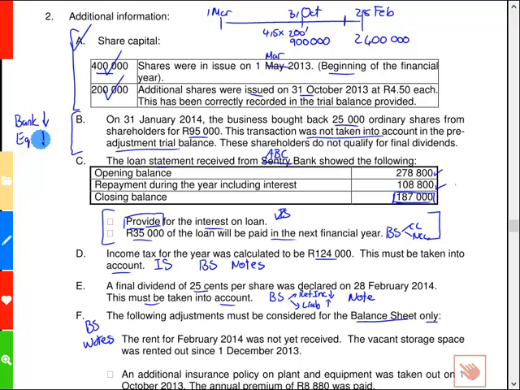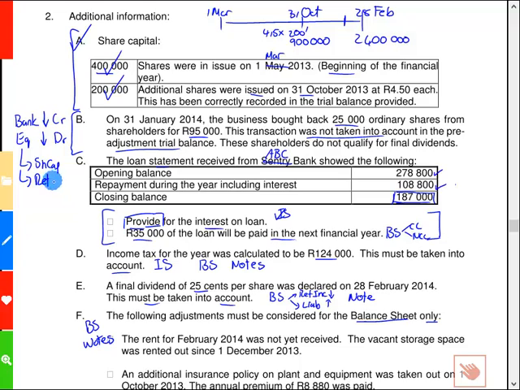And you will remember that equity goes down on the debit side, bank goes down on the credit side. Exactly. But now we need to know which equity account is going to decrease. Is it share capital or retained income?